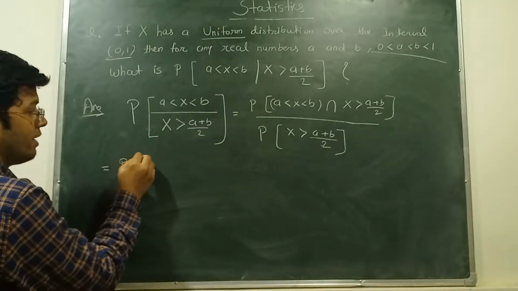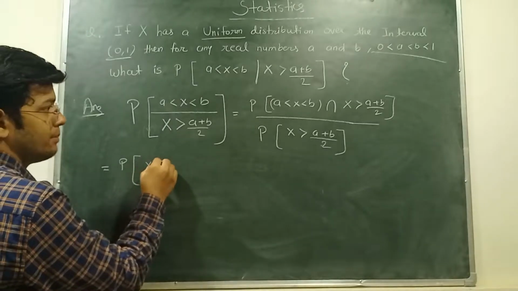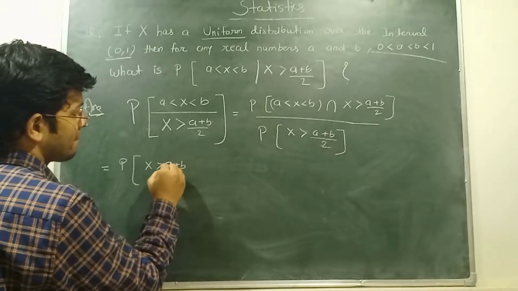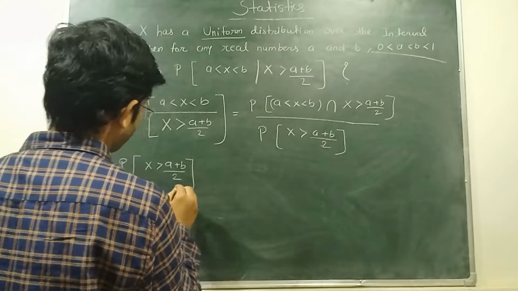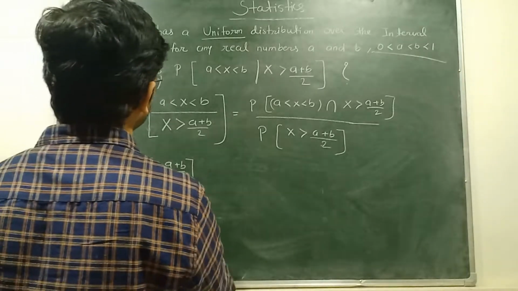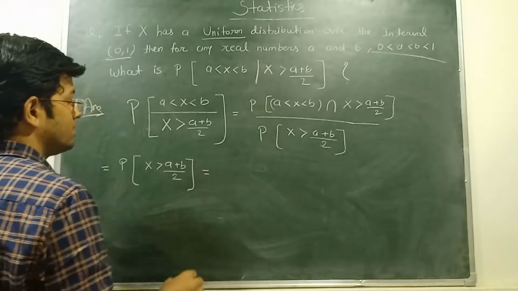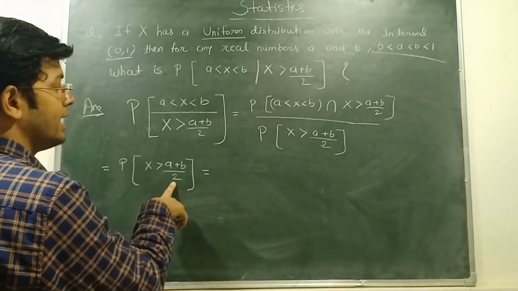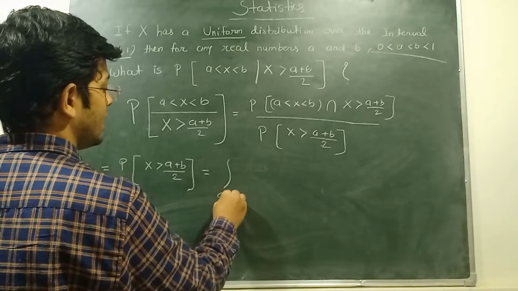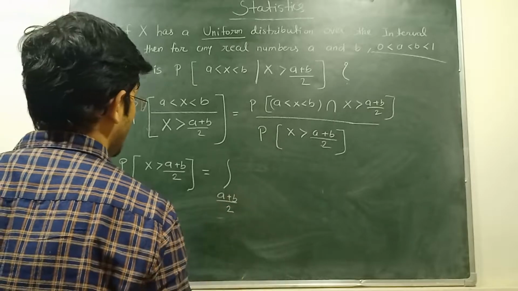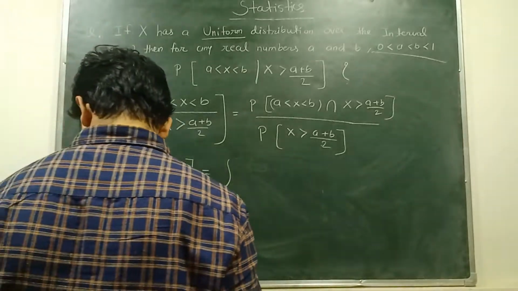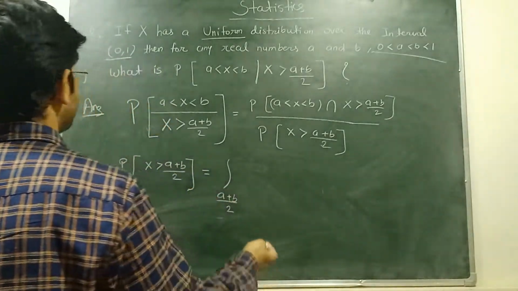So how can we find this value? The lower limit is (a plus b) divided by 2, and the upper limit is given in the question.